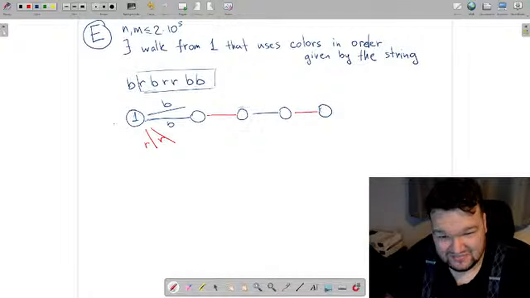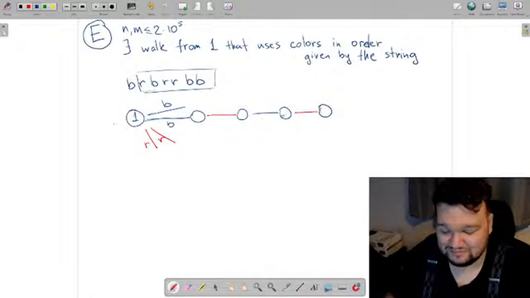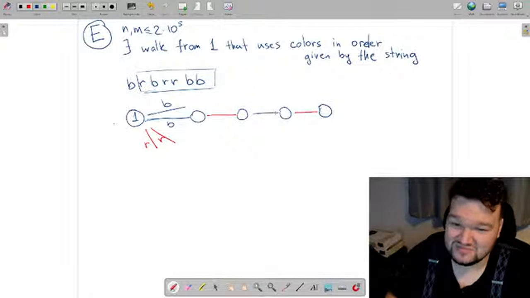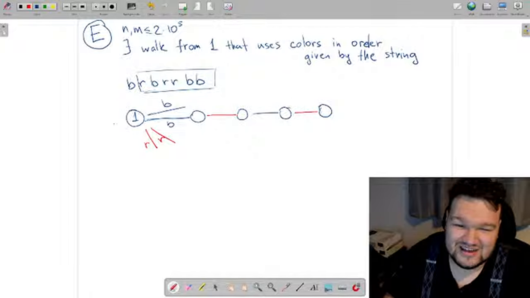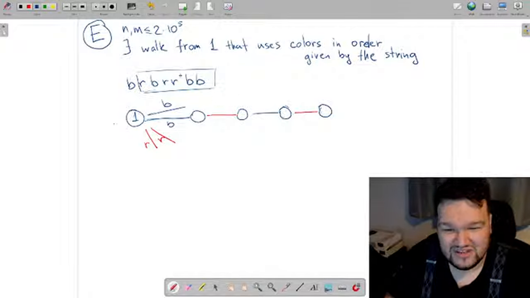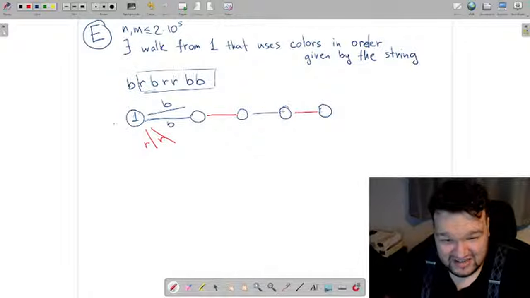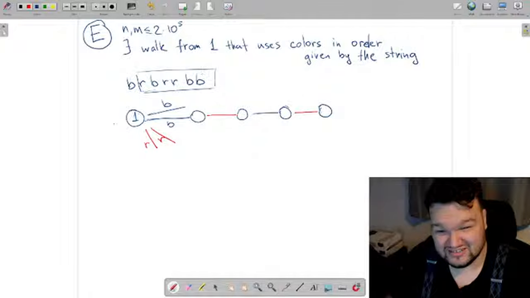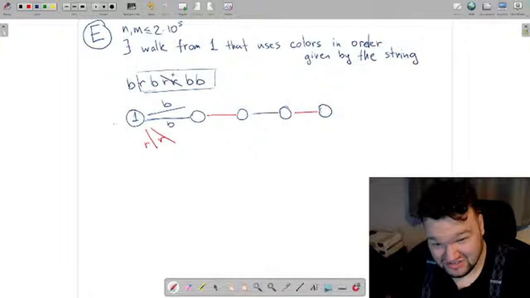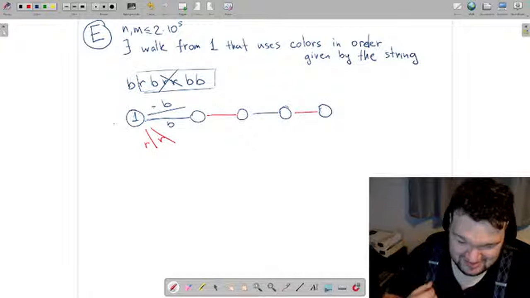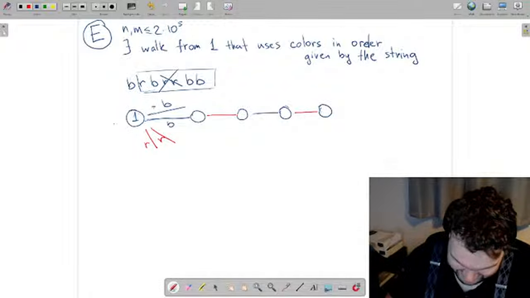But then we traverse a red edge, and then we can traverse a red edge back. That doesn't make any sense. We certainly can stay in this vertex, but now we're trying to get a smaller counter test. So if this actually is a counter test, then cutting those two R's is a better counter test.